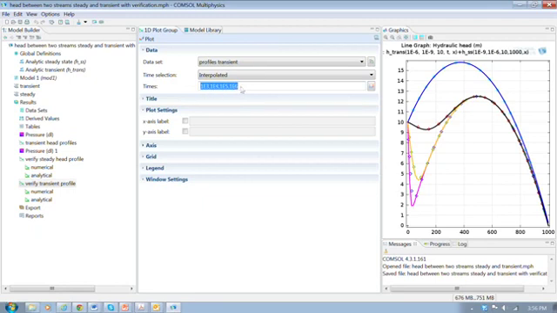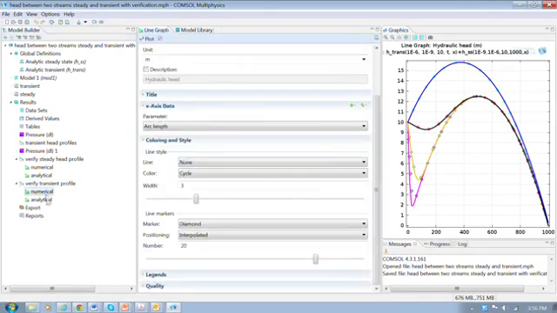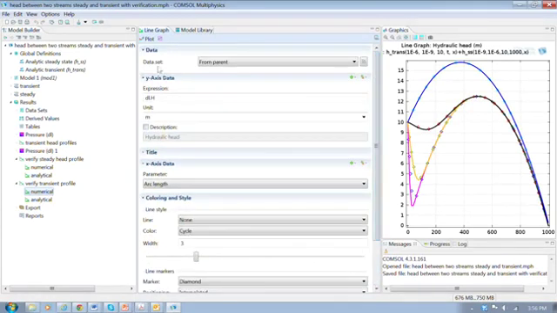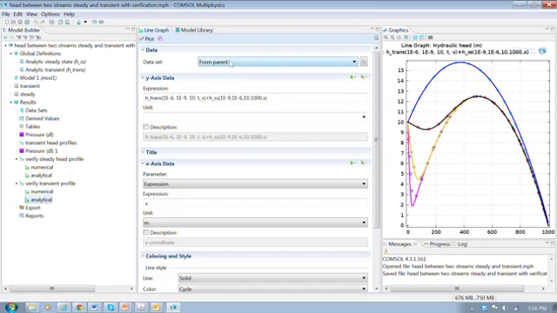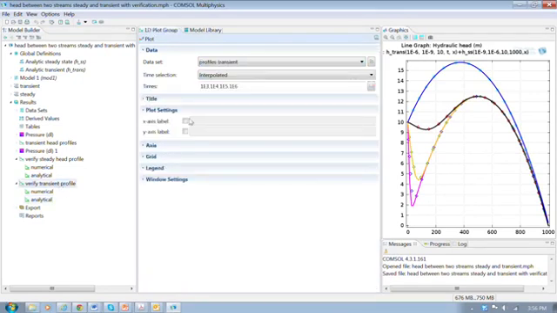Okay, and then when I made the actual plots, these two define the plots, what I did was to use the data set from the parent for this plot and from this plot. And the reason for that is because then when I set the times here in the parent, both of these will use the same times.